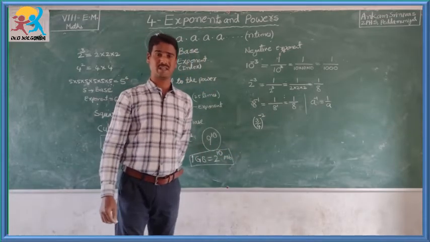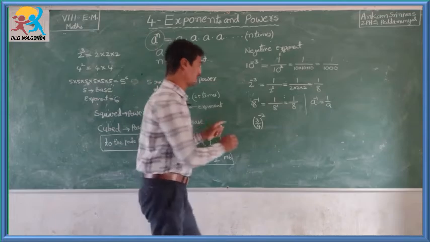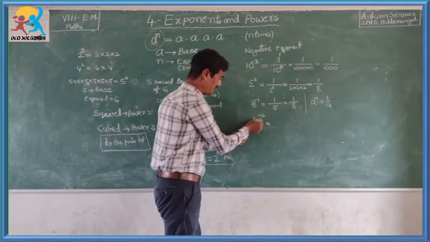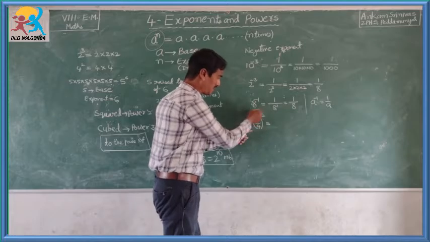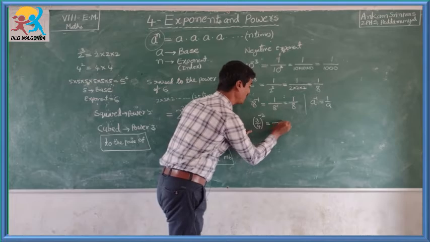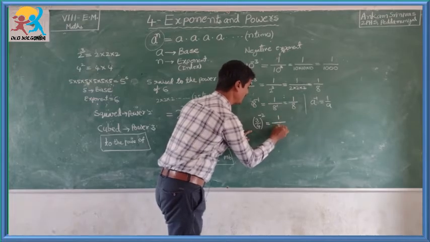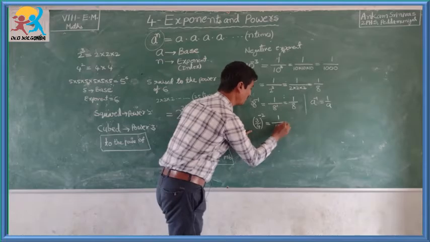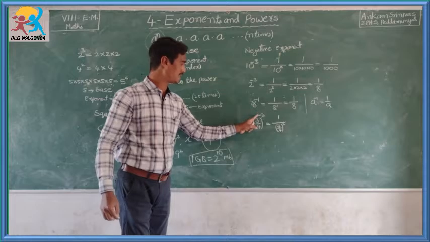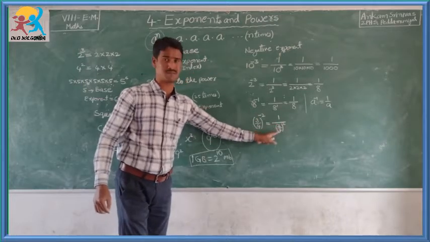So if I take 3 by 4 whole power minus 2, in the same way you have to write the reciprocal of this term, the base, this total power. So 1 by 3 by 4 whole power 2. So changing the sign, minus becomes plus, then reciprocal.